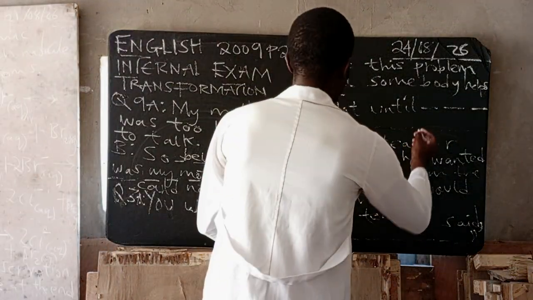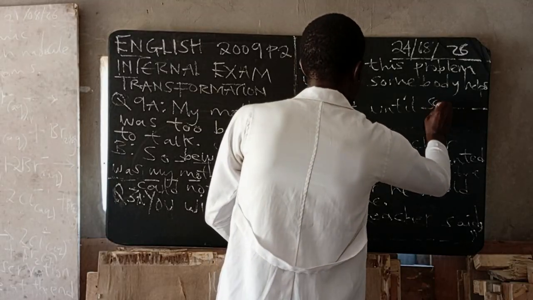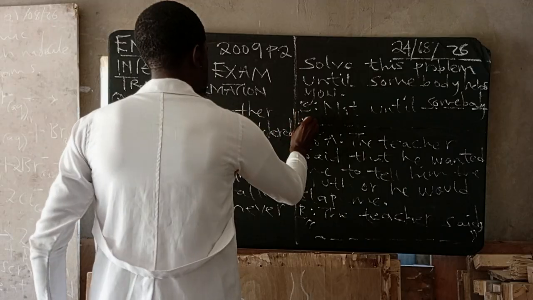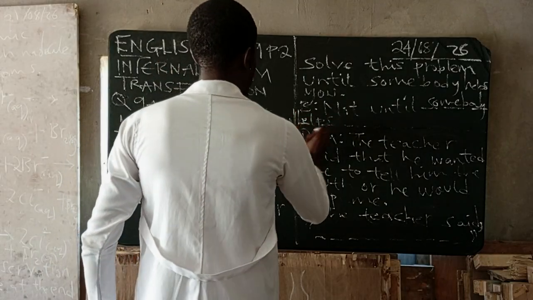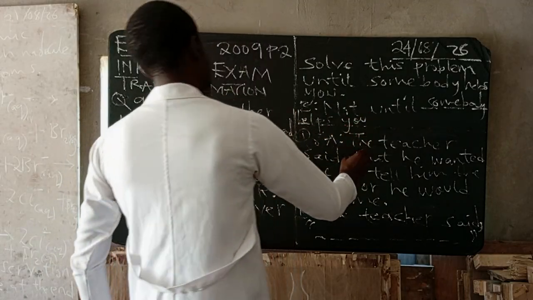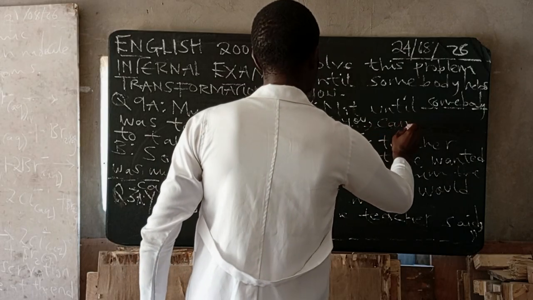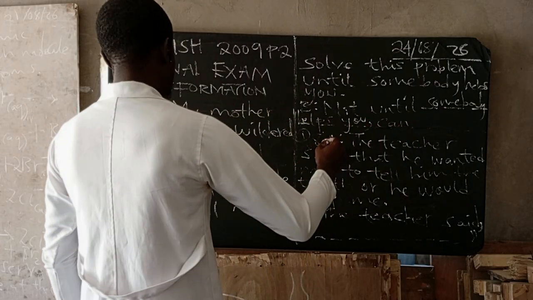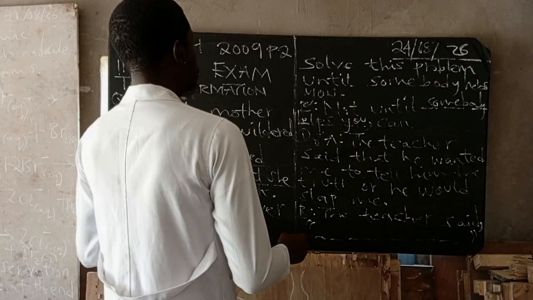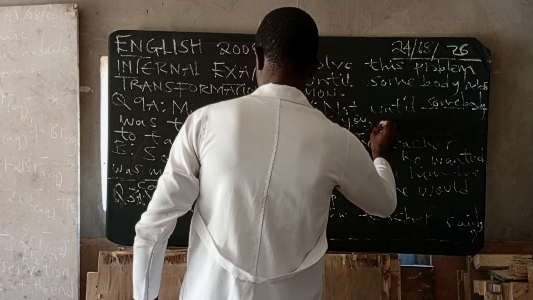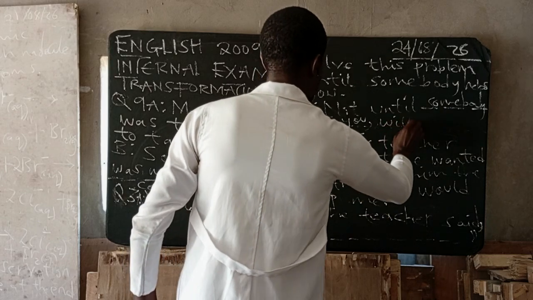So start with the condition, not until somebody helps you. Then we say, will you. They've used will you, not can. So the auxiliary verb is will.